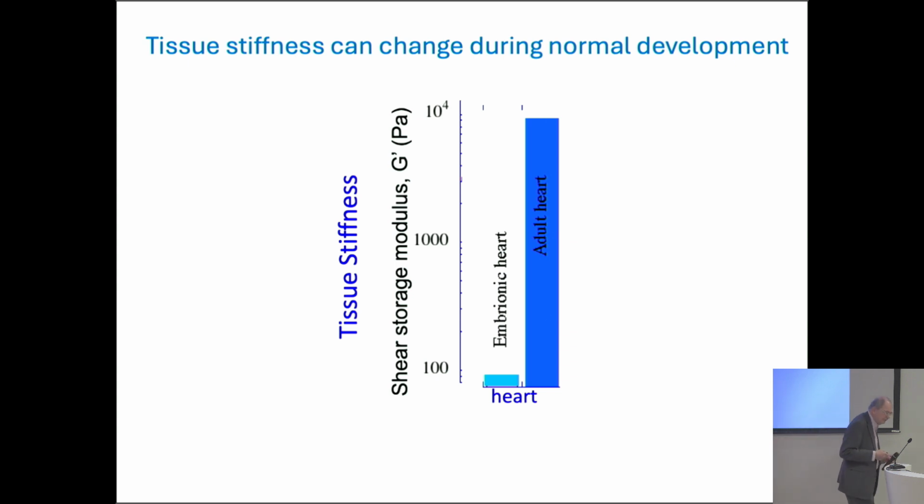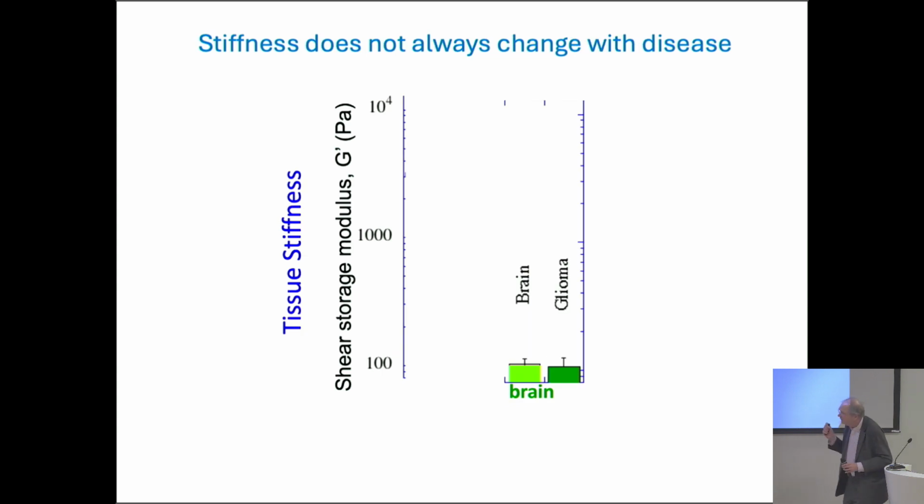Okay, and the other example I want to show is that diseases, especially cancers, are not always associated with stiffness changes. The most prominent example is brain tumors. And I think Professor Sock this afternoon will talk a little bit about how brain and other tumors are measured by magnetic resonance elastography and other methods.